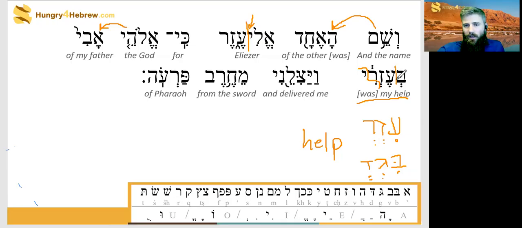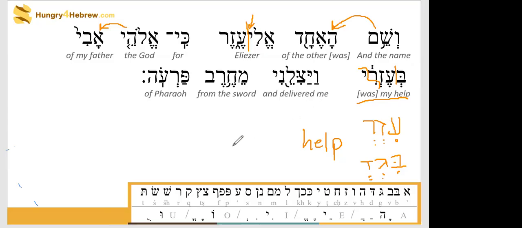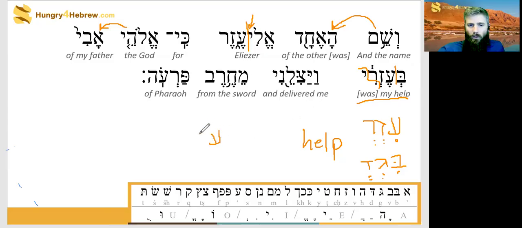If this were supposed to be in helping me, an actual infinitive construct, it would have to be be'ozri, because the infinitive would be azol. And this reduced vowel right here, they tell me, was originally an O vowel. I'm not sure if I believe it.